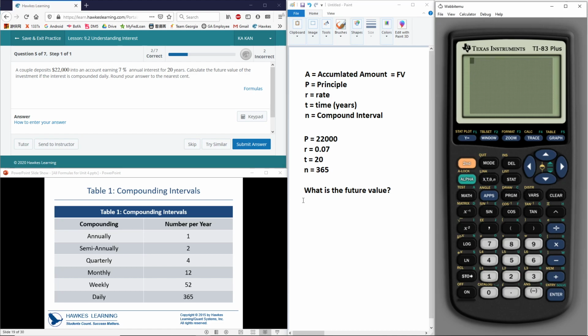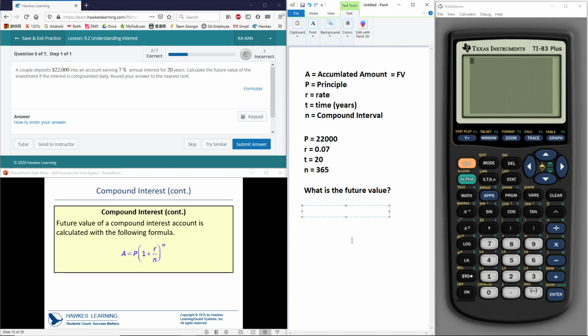The future value equals 22,000 times 1 plus the rate, 0.07, divided by N, which is 365, close parenthesis, raised to the power of N times T, which is 365 times 20.